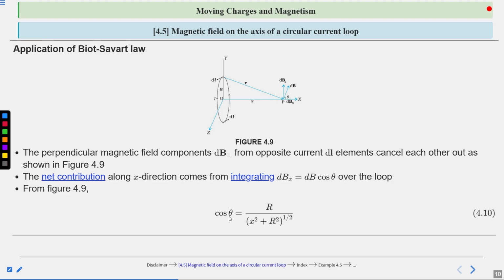So cos theta is base upon hypotenuse. What is the base for this theta? This thing. And what is the hypotenuse? r. The base is capital R, and the hypotenuse is small r.